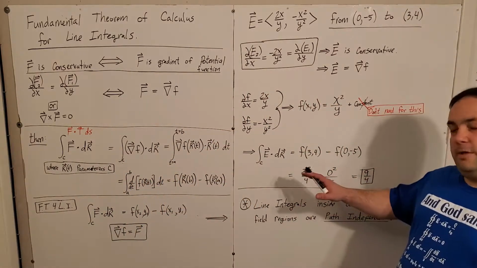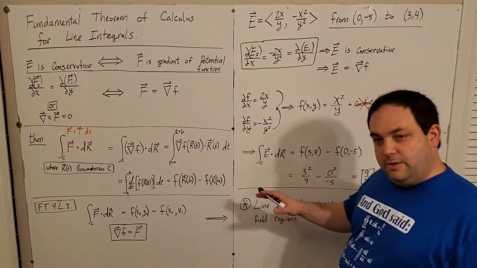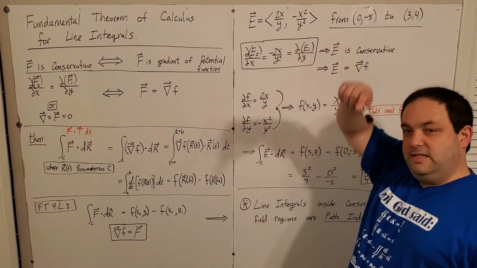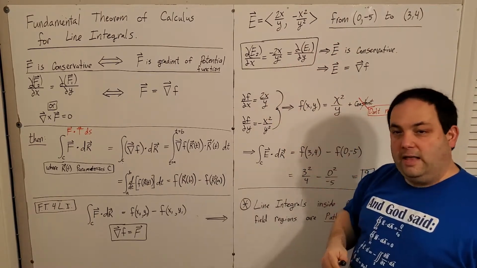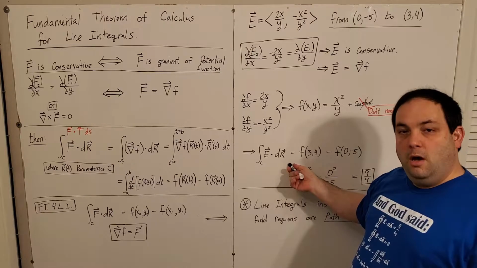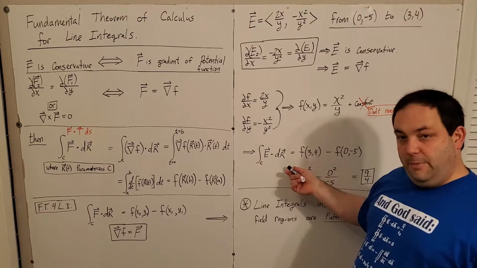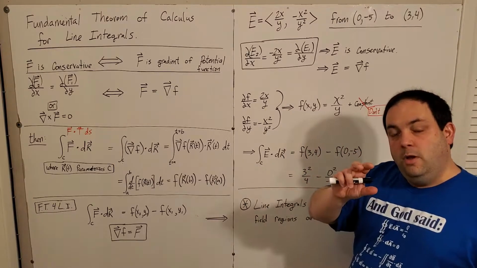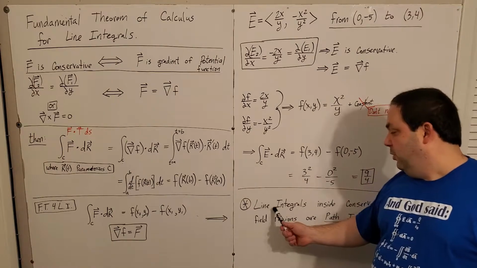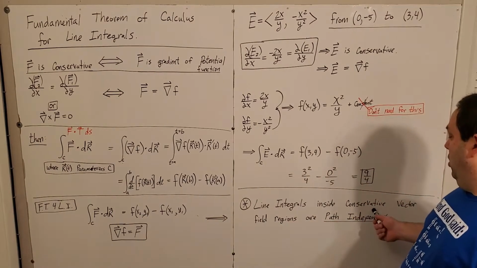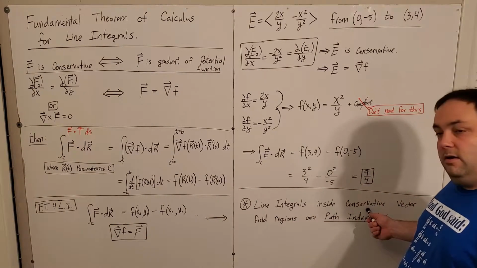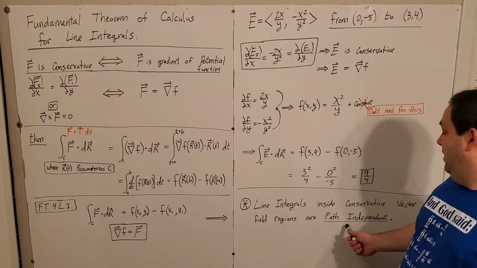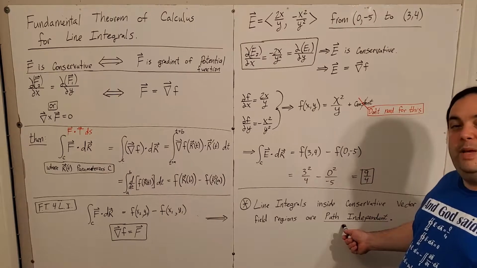Then there's some other terminology that goes along with this. Considering that you've seen this before with two other paths, and now I'm showing you this without even using a path, and we're still getting 9/4 because E is conservative, what we say is that if you're doing a line integral along a path inside of a conservative vector field, then the integral is called path independent.